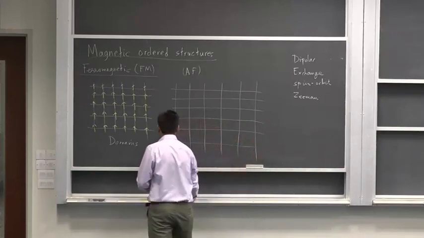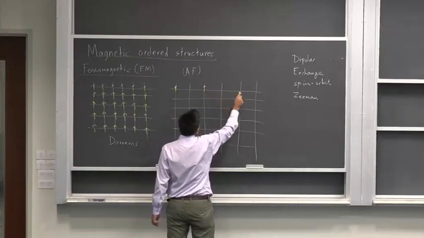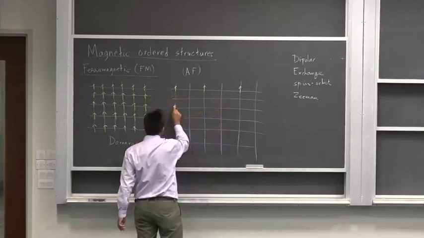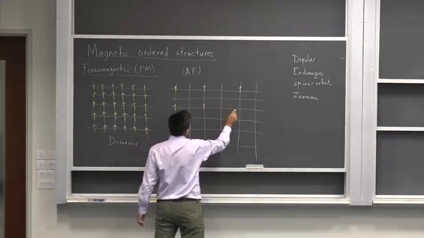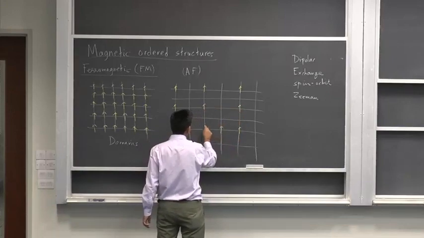We have lattice points, and on each alternate lattice point, in either direction, in this 2D as well as in the 3D, so you miss one lattice point.